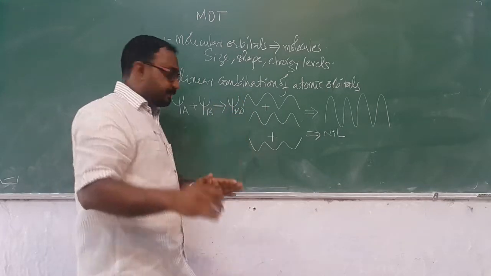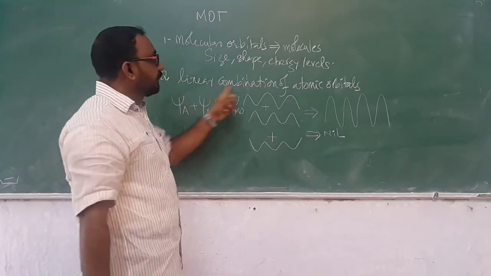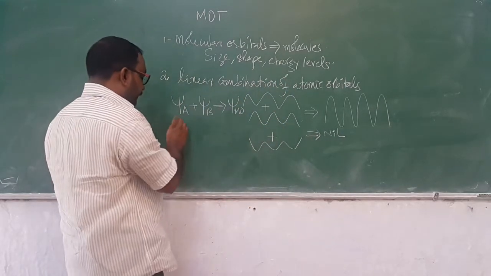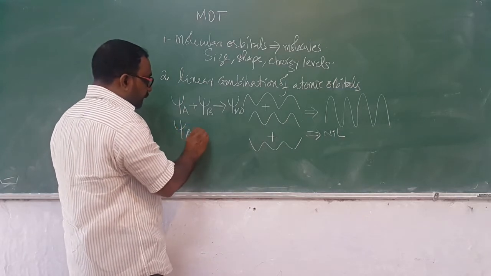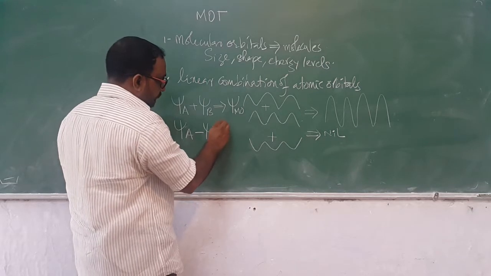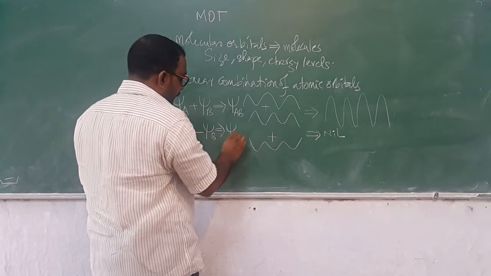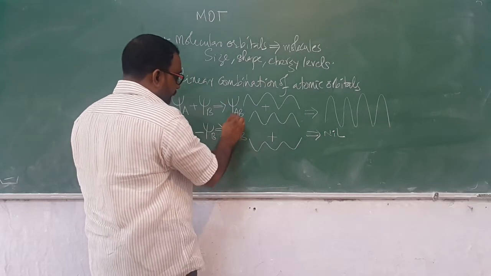You can say this is the linear combination of atomic orbitals. There is one more possibility, and this is how it is given: psi AB and psi star AB.